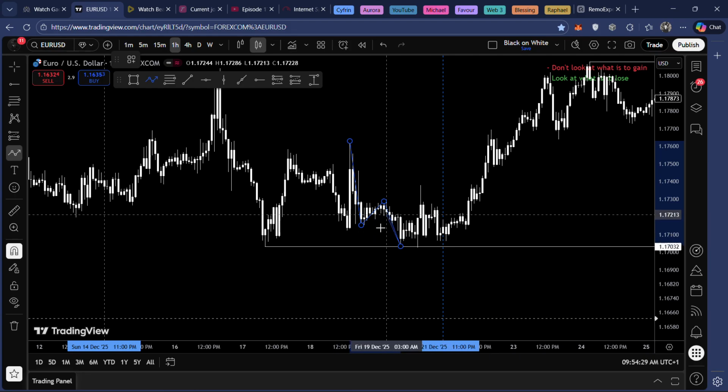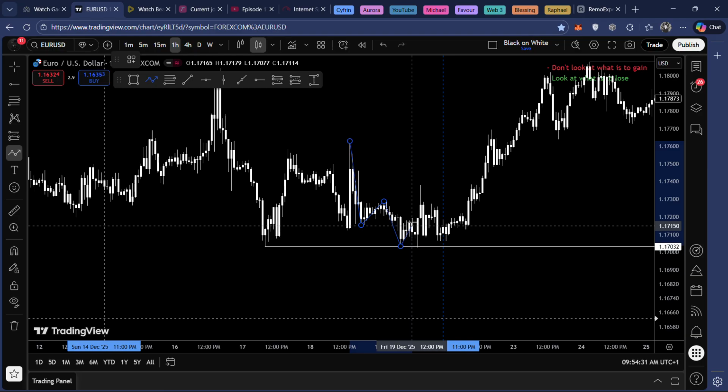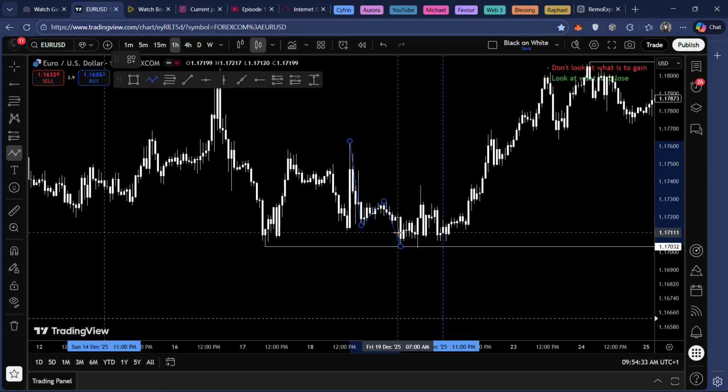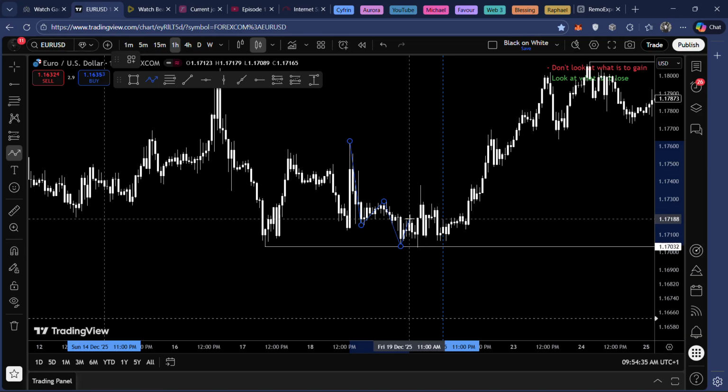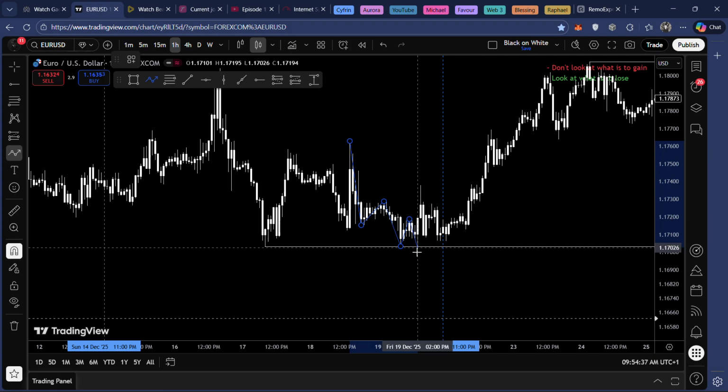It entered back into the other zone. Within this low, you see there's another block. It entered in, then crossed this line. Immediately it crosses this line, this from here becomes another block. And you see it invalidated it with a very straight move on the 1 hour. So this is more like about to give a 1 hour entry.